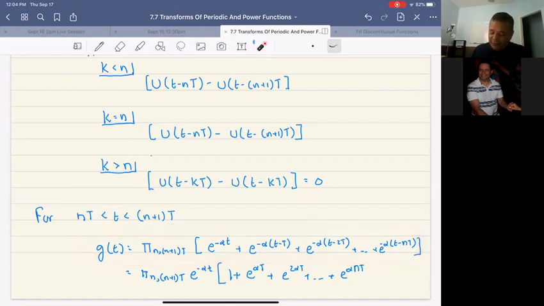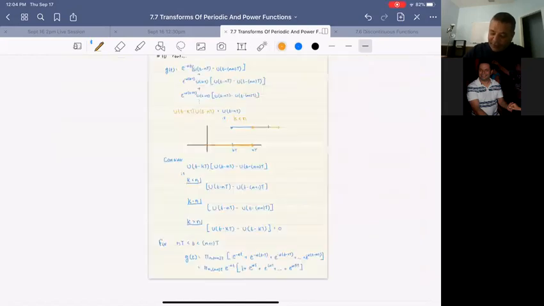We're going to go ahead and pull out the e to the negative alpha t. When we do that, that one's 1. We get e to the alpha t, e to the 2 alpha t, all the way up to e to the n alpha t, or alpha nt. That's a finite series. And now we can use our geometric series formula, our finite one.